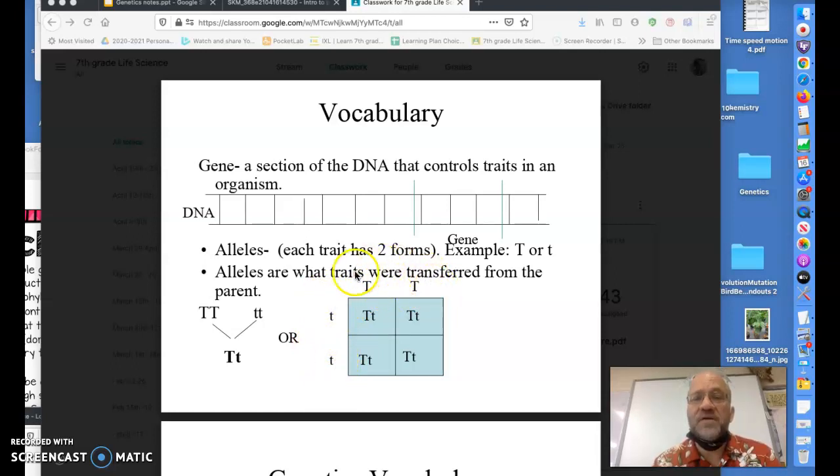And if the other parent has two alleles for being tall, they would then share those two for their offspring, and it would turn out this is what the offspring or their children would look like. Okay? So in this case, tall is dominant. So tall would be transferred here, and it would show up in this child, this child, this child, and this child in this case, if this is what your parents had for alleles.